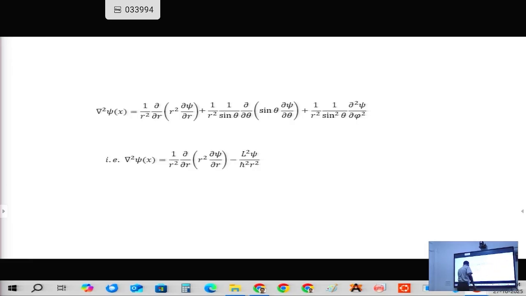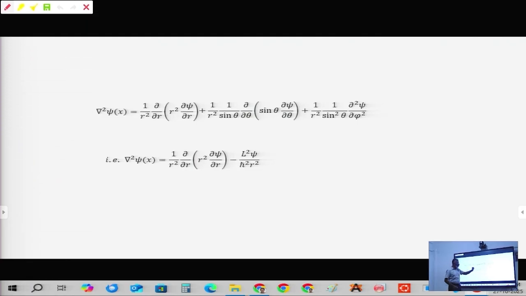So you can simplify it using this particular expression. What I've done is I'm using L square here. This particular quantity is the L square term. The radial part I've taken together.